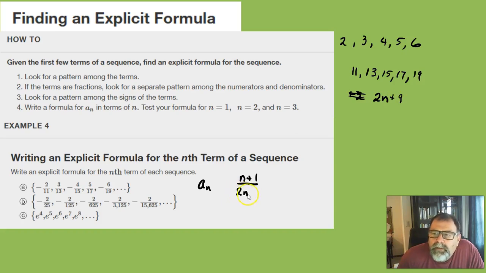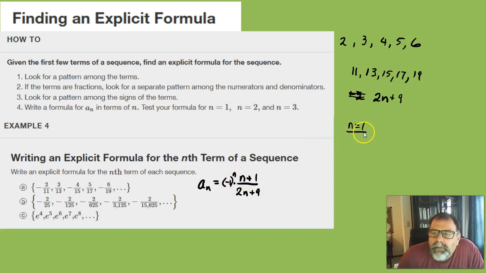So that works: 2n plus 9. Now to alternate negative, positive, we multiply that by negative 1 to the n. And that'll be our formula. You can check it.